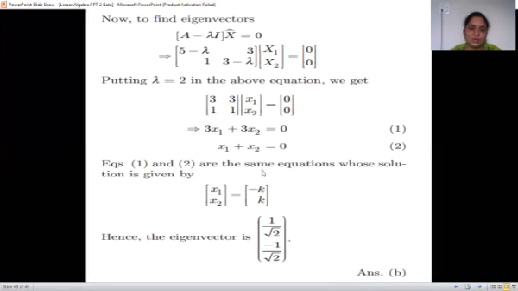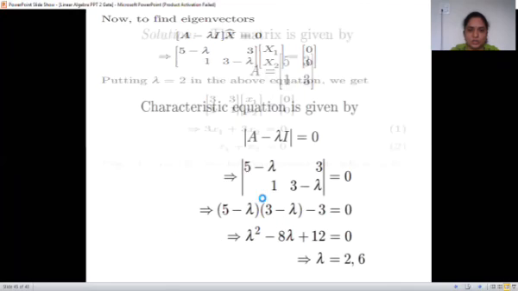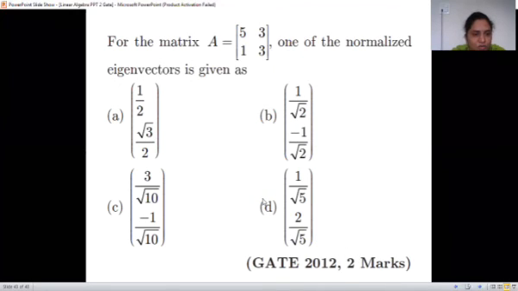So x1, x2 is minus k, k. Whatever the values are here, they will differ just by sign. So we check for such an option. Is there such an option given? Same numbers, just the sign change. Here it is. This is the eigenvector.